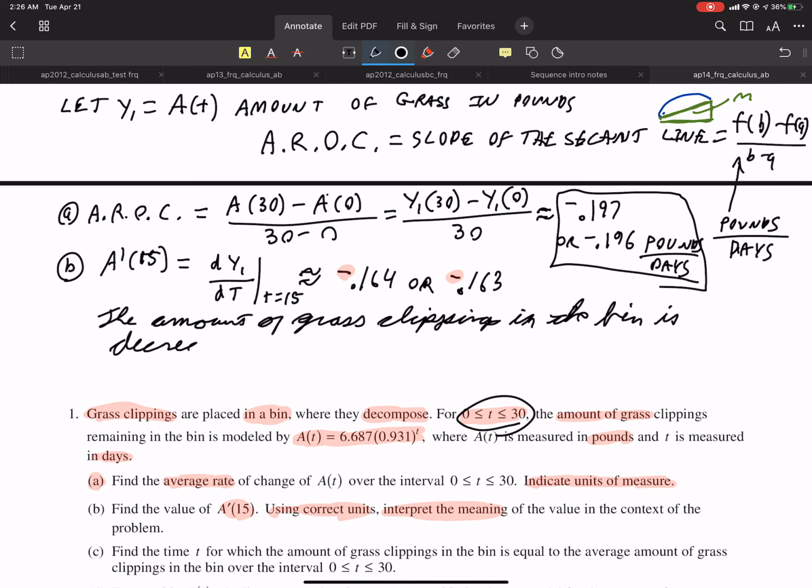That's what it tells you. That's what it means in the context. Decreasing, how fast is it decreasing? At the rate of 0.164, and they ask for units.